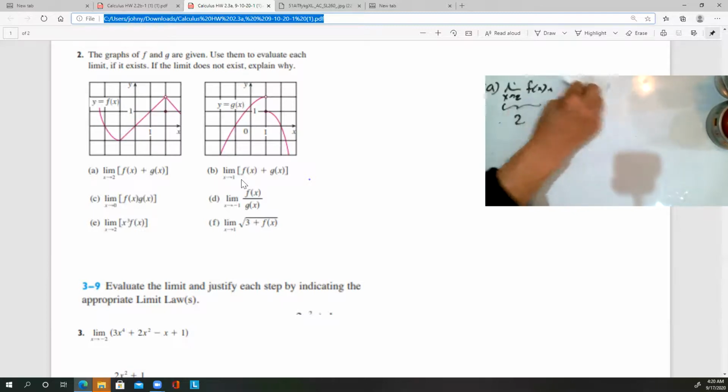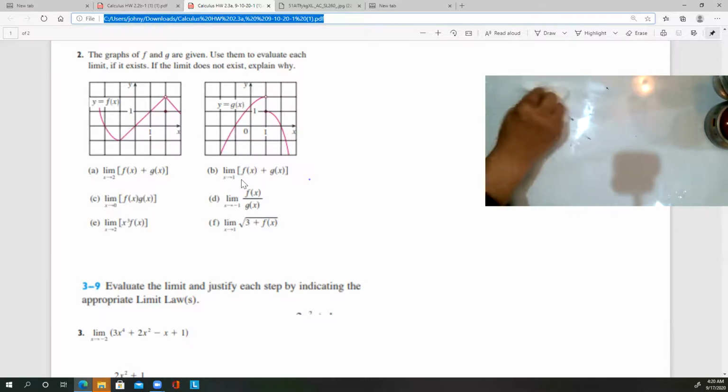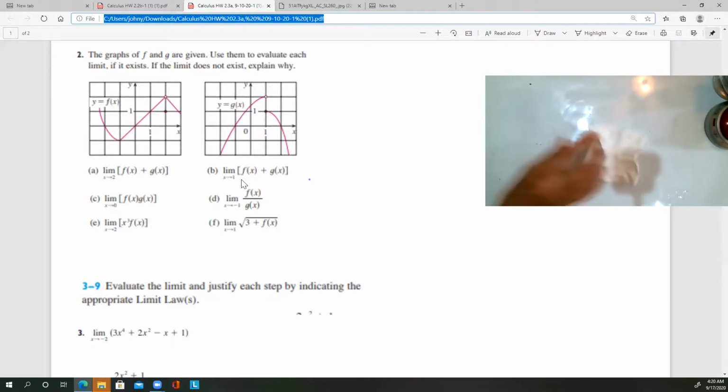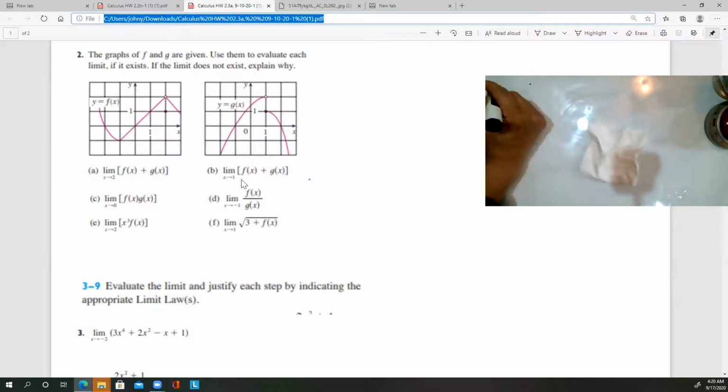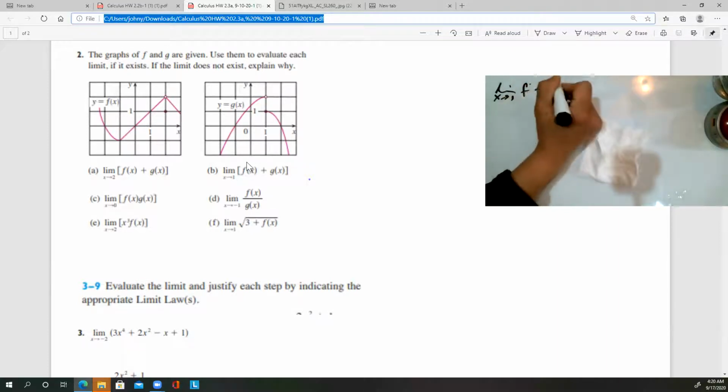Part B. The limit, I'm just going to distribute this inside the function. The limit of the sum is the sum of its limits. Limit as x approaches 1 of f plus the limit as x approaches 1 of g.